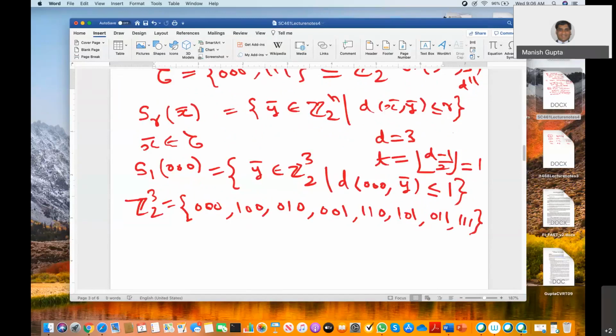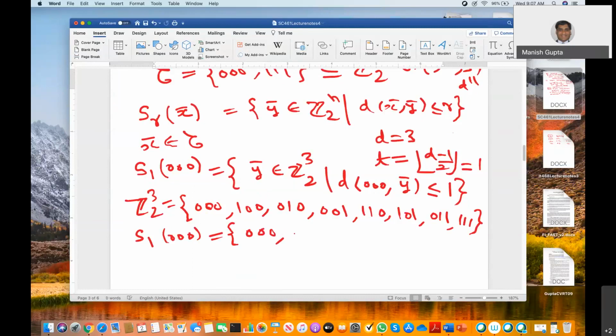These are all 8 vectors in the whole space. So S1(000) will consist of 000, because the distance should not exceed 1.